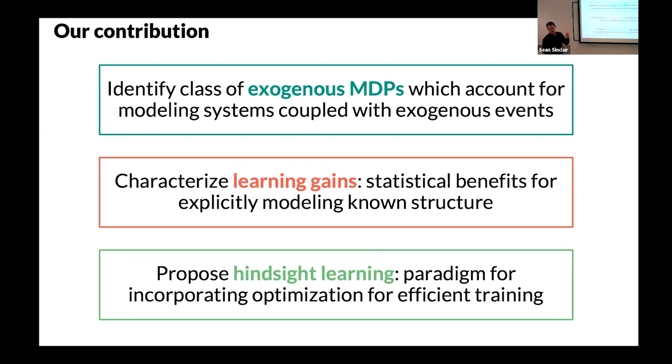First section, we're going to talk about a subclass of problems for which you can get efficient guarantees. I'm going to call these problems that are coupled with exogenous events or independent events. I use exogenous so that they could be correlated, related to your question, and not independent. And then second, we're going to characterize the learning gains. So what about those problems allows you to improve the statistical rates that you can get and improve your algorithm's performance?